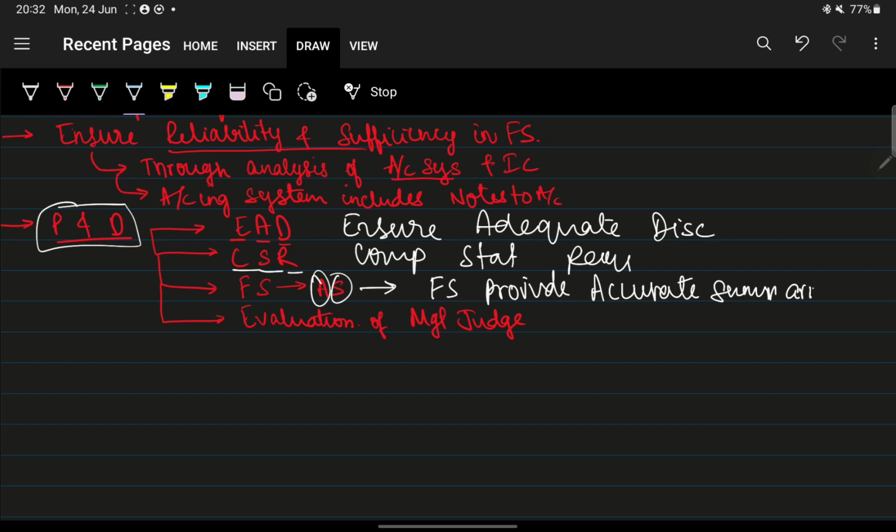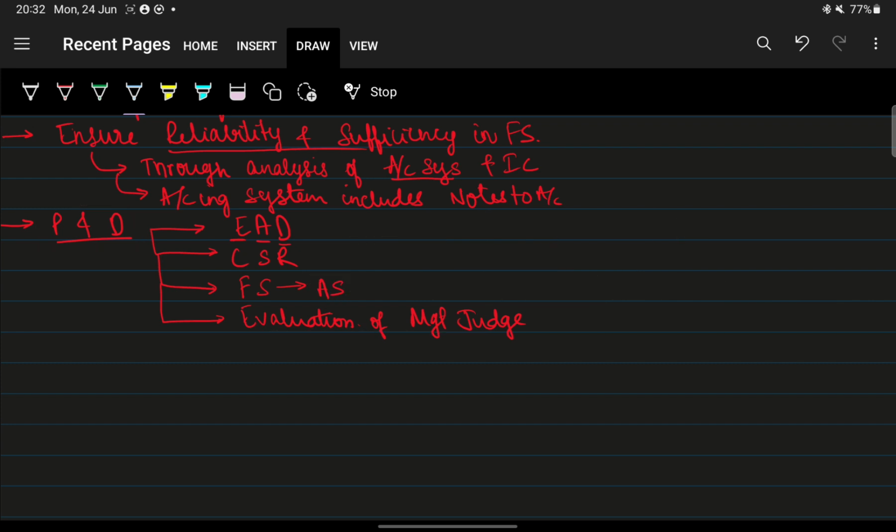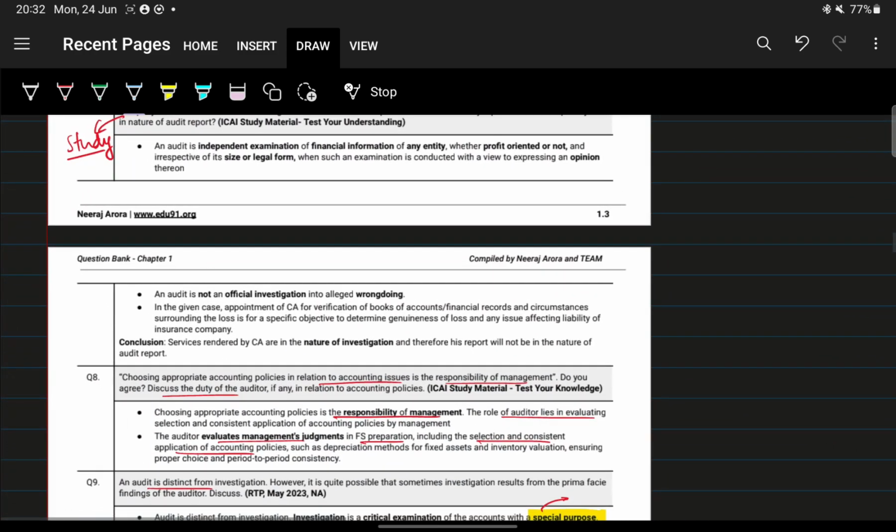Next, evaluation of the management's judgment. Obviously management would have exercised their judgment with respect to accounting policies and the application of said accounting policies. So we will have to evaluate whether they have been properly chosen and whether they have been consistently applied throughout the preparation of financial statements.